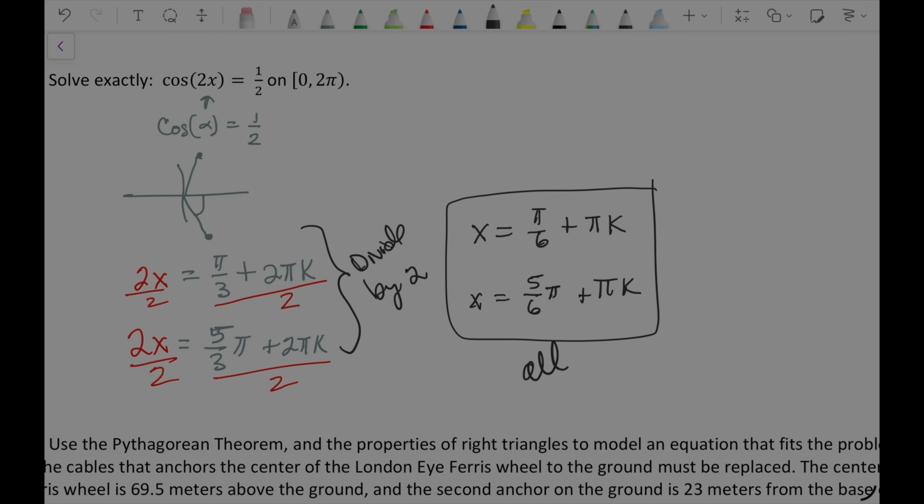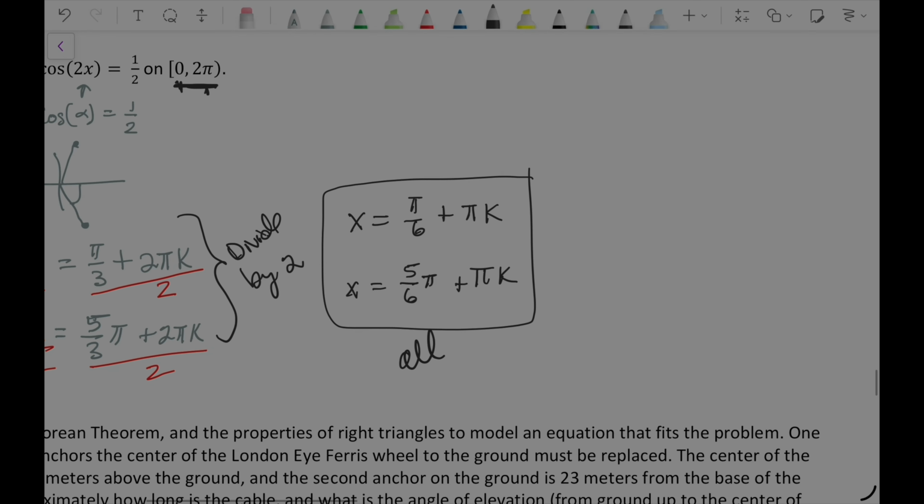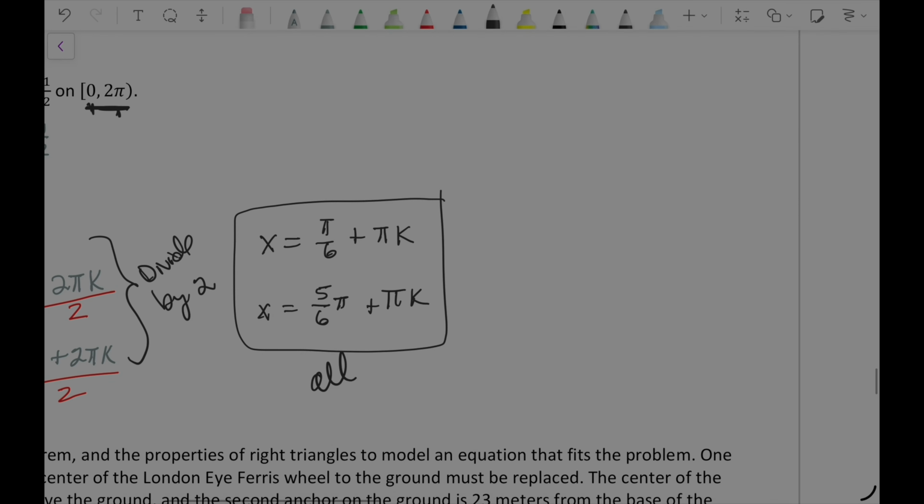Now, it's asking for the solutions in the interval from 0 to 2 pi. So now is when I do my k values. If k equals 0, the first one will be pi over 6, and the second one will be 5 pi over 6. If k equals 1, for the top one we have pi over 6 plus 6/6 pi, so I would get 7/6 pi.